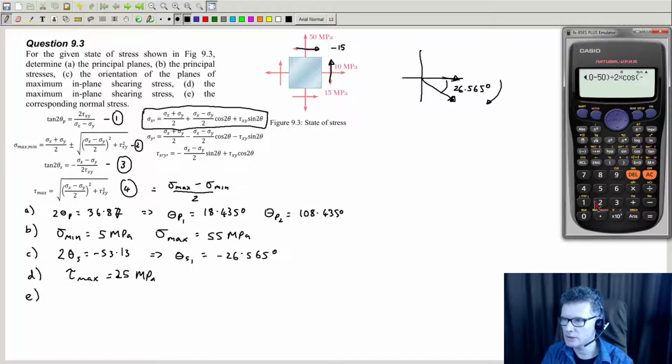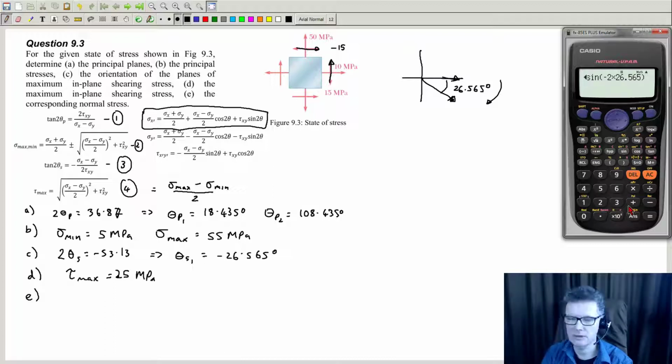So minus 2 times 26.565, close the bracket, and then plus, actually it's minus, because it's minus 15, times by sine, open the bracket, and then we've got another minus 2 times 26.565.